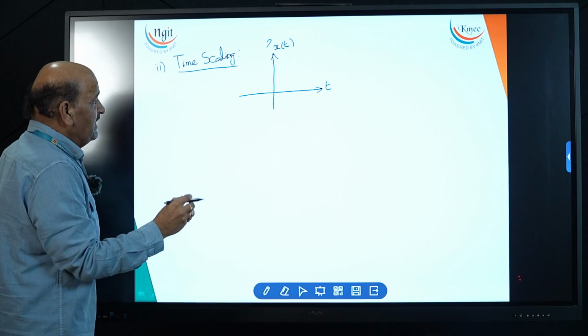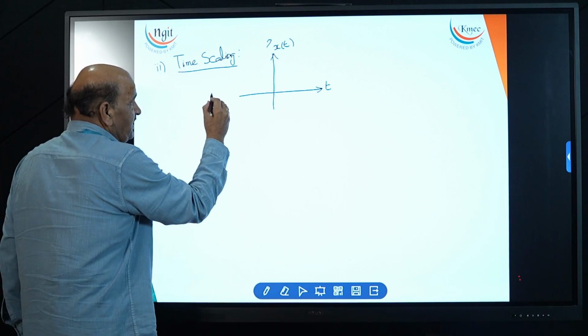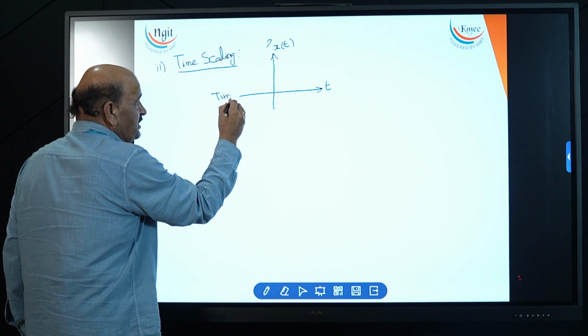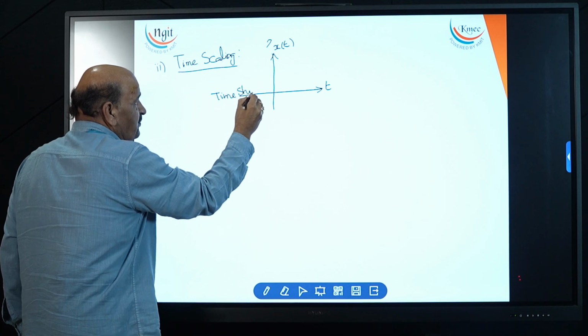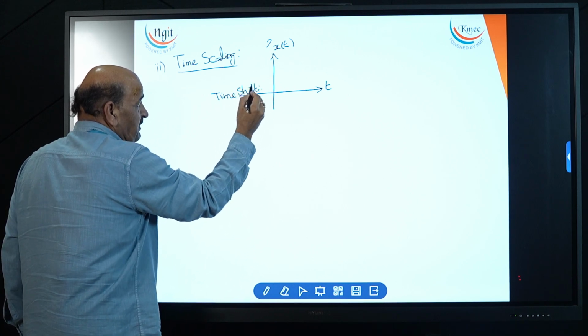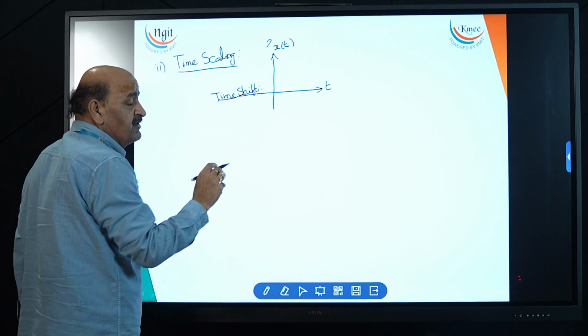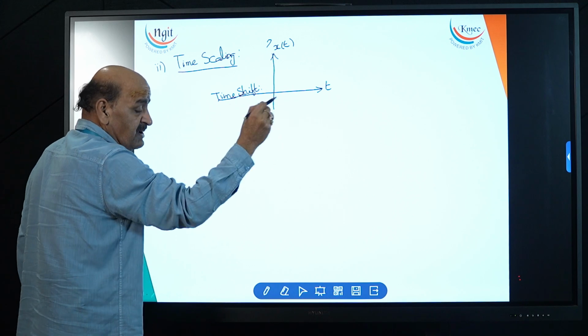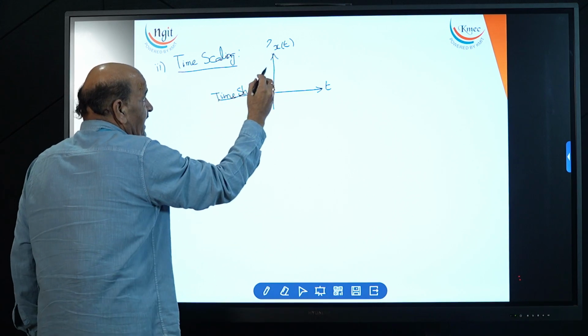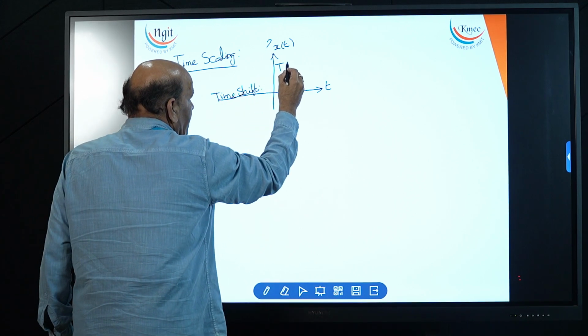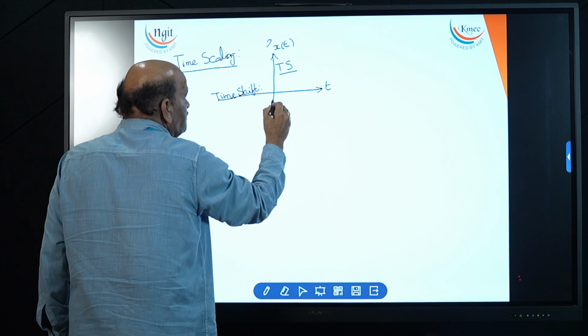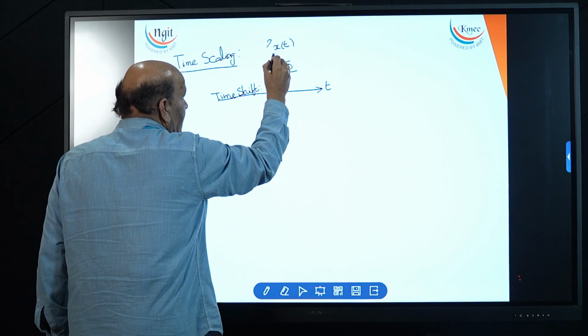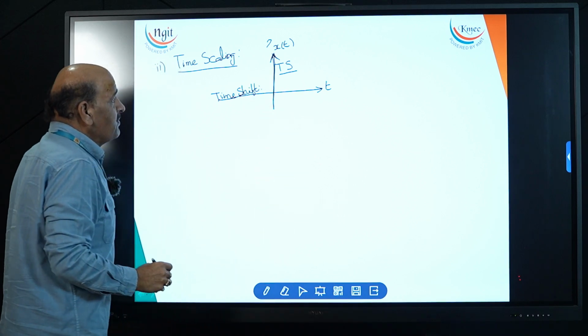In the previous class, we discussed the time shifting operation. Time shifting operation is always only on the parallel axis, that is the time axis. Time scaling operation should always be on the vertical axis only.